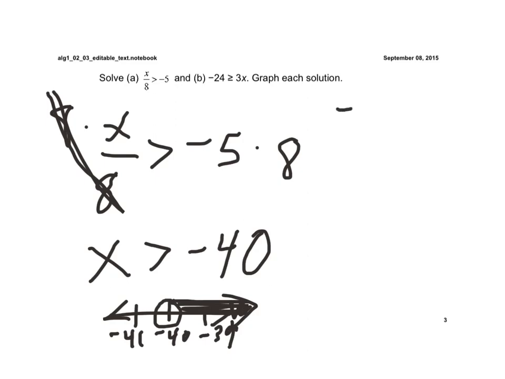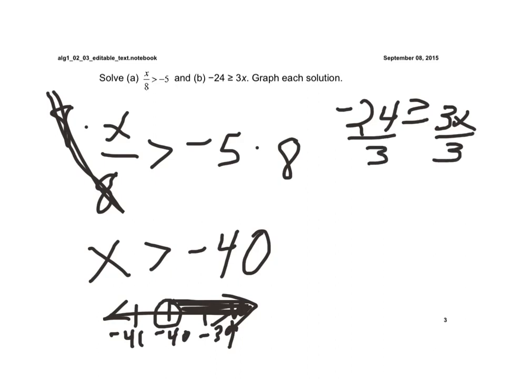In example 2, we have 24 is greater than or equal to 3x. Now x is being multiplied by 3, so I'm going to divide both sides by 3. I get negative 8 is greater than or equal to x. Remember, we always want to write the variable on the left and the number on the right.